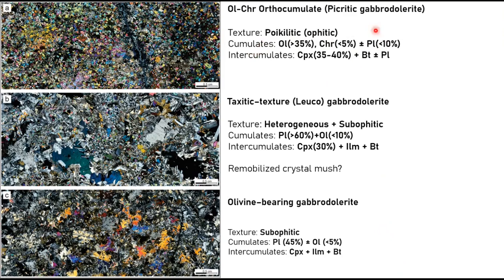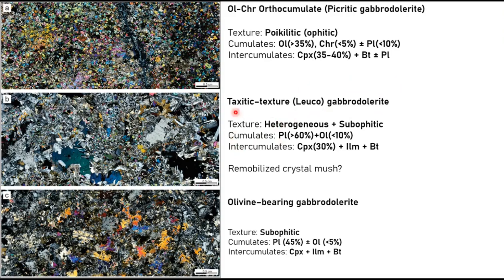The picritic gabbro-dolerite has mainly poikilitic texture with cumulates of olivine greater than 35%. We have chromite less than 5%, and plagioclase is normally less than 10%.